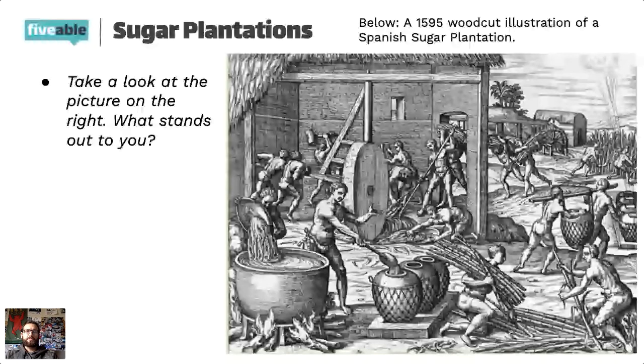Let's see. Some people said the attire. Some said the encomienda system. This is typically used as a picture that describes the encomienda system.